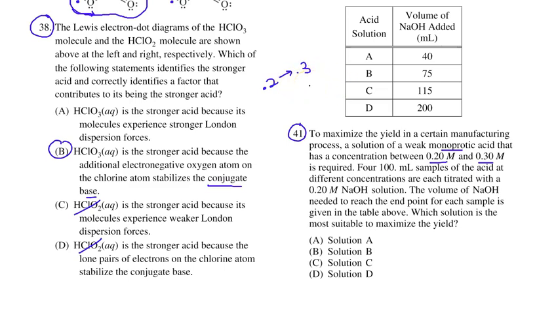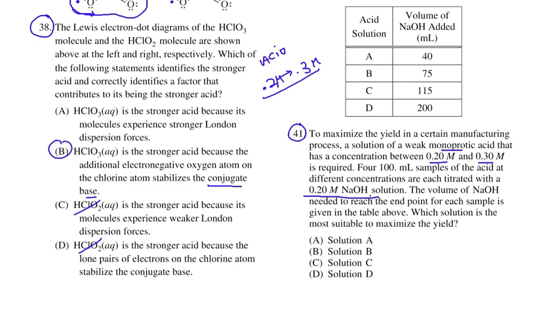So we have 400 milliliter samples of the acid at different concentrations. So we don't know which one is. One of these 4 has a concentration of the acid between 0.2 and 0.3 molar. And we're going to use 0.2 molar NaOH.